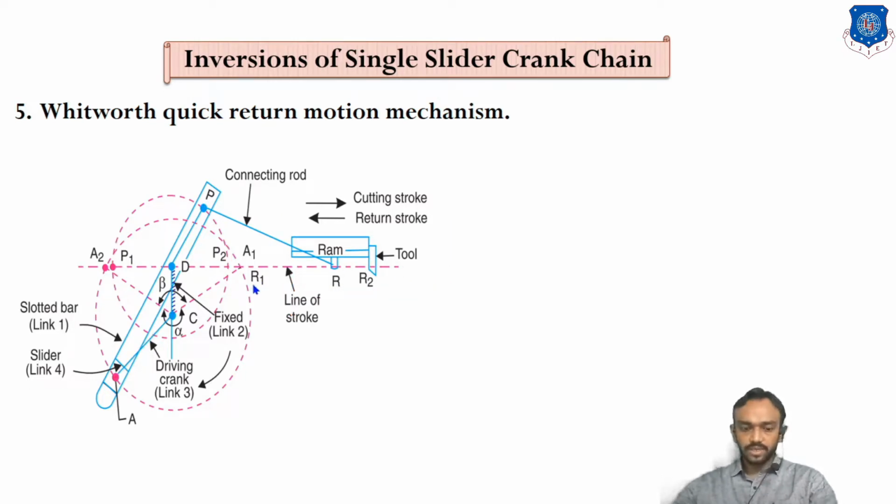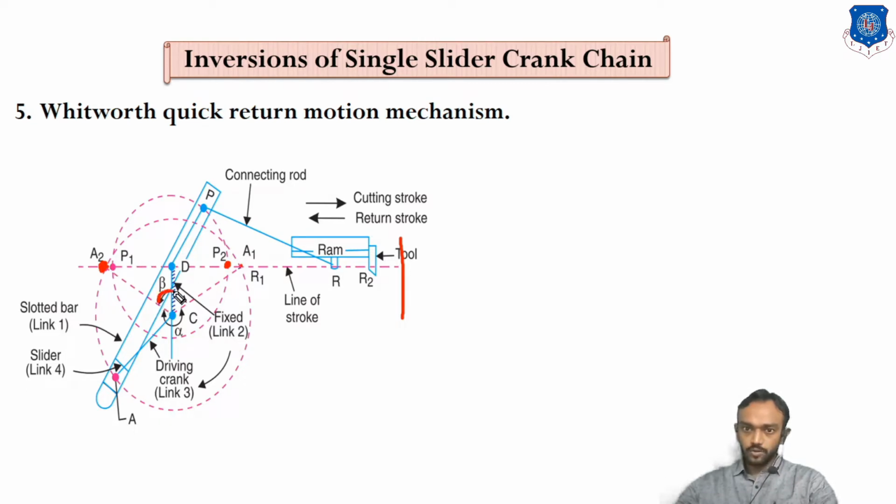You can see there is a difference between Whitworth and the slotted bar. Check here. First of all, at this extreme position, when there is a P point here, our slider will be here. And during returning up to this point, our slider will be here.